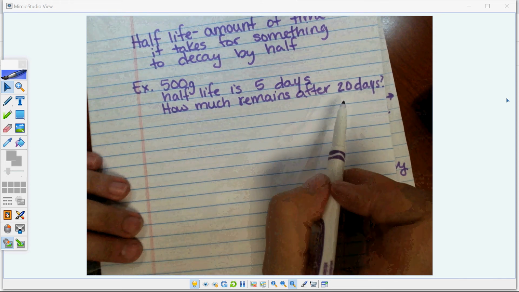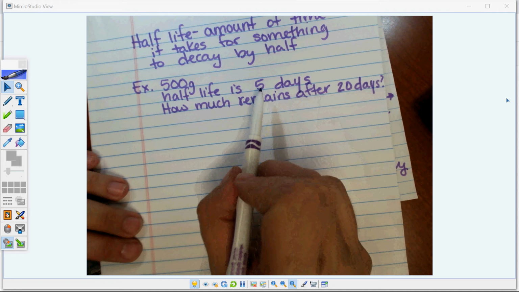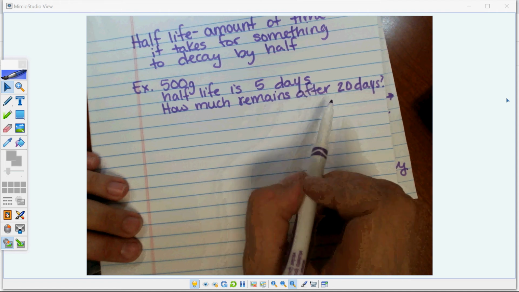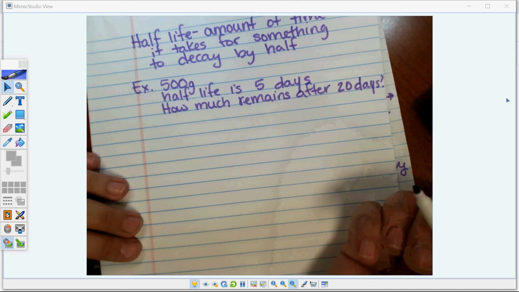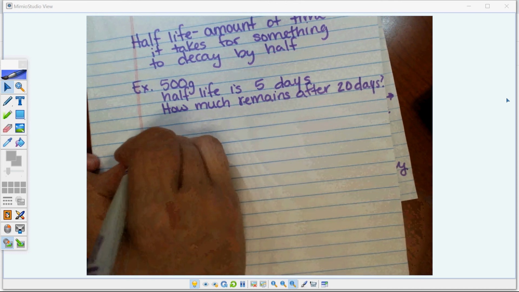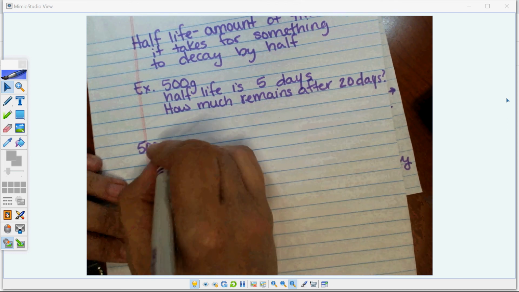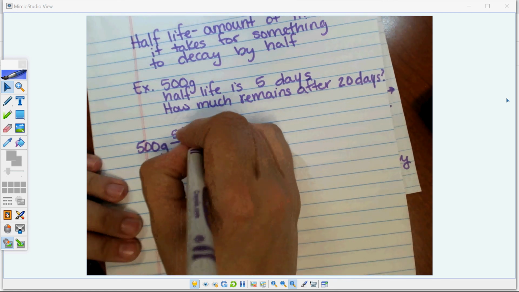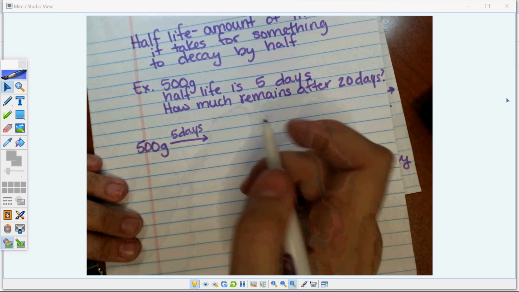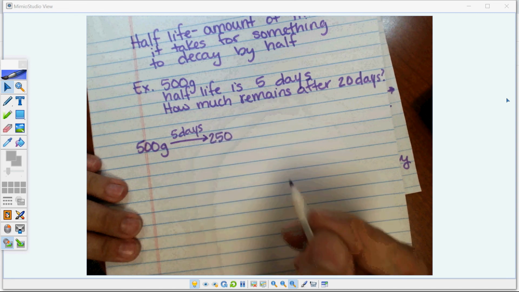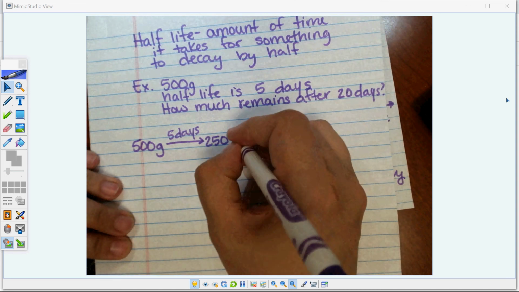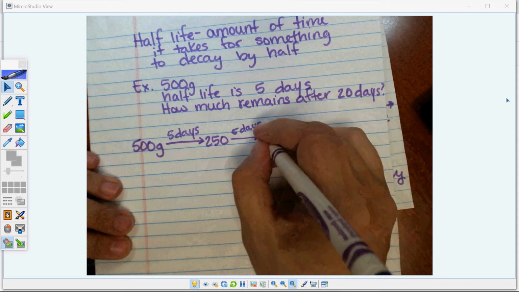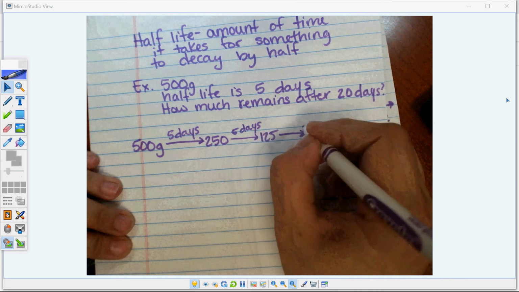So if I think about this, if each half-life takes 5 days and I want to know how much is left after 20 days, that means it undergoes what we call 4 half-lives. So if I start with 500 grams, 5 days later, I'm going to have half as much, so 250. And then 5 days after that, this 250 will have decayed by half to 125. 5 more days pass.